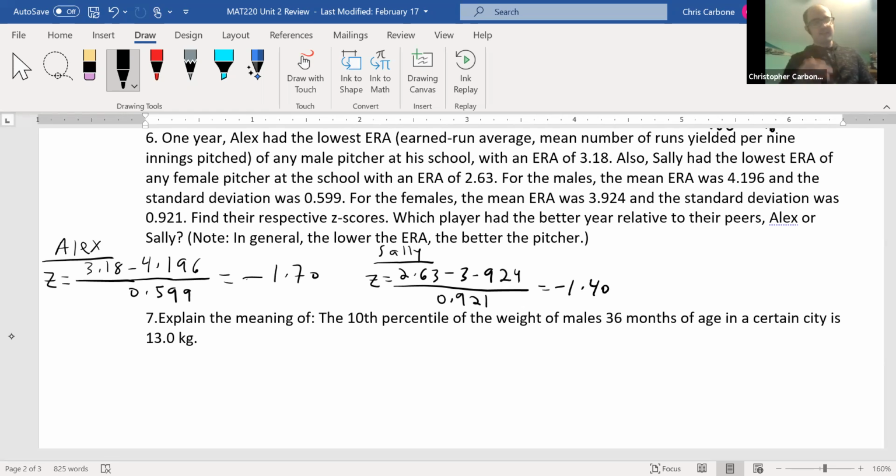So based upon this, we could see Alex has the lowest ERA here. Sally's is a bit higher. So because of this, Alex has a better year because his z-score is lower.